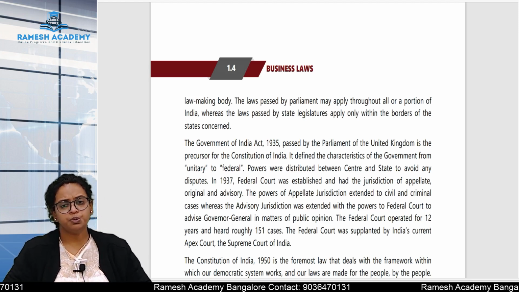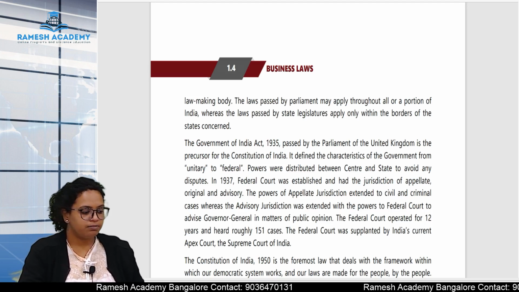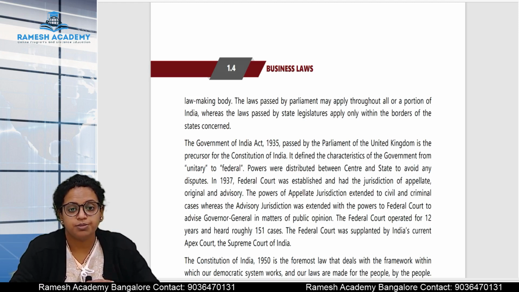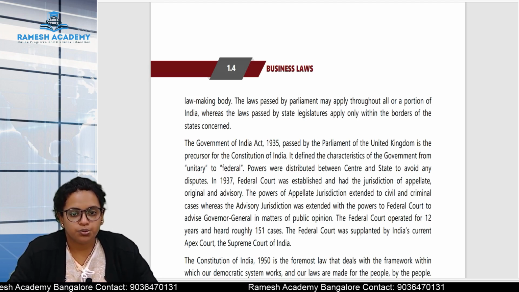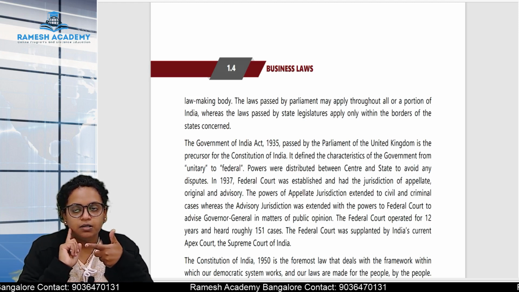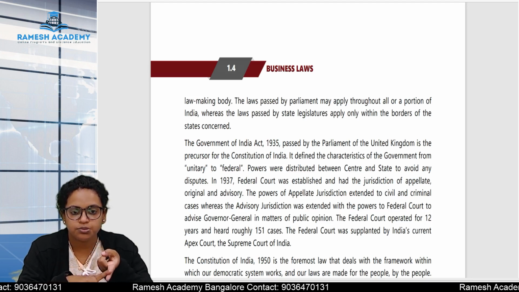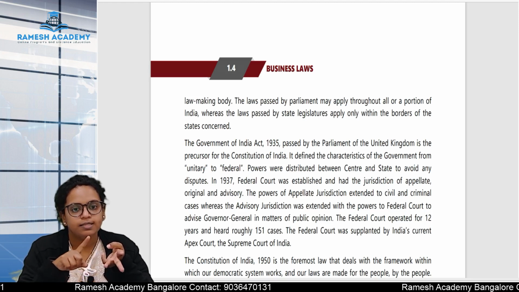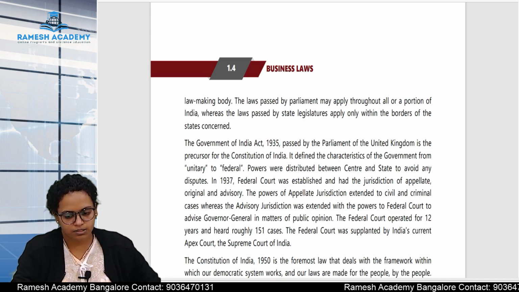As I told you before, the laws made in the parliament are for the whole country, but the laws made in the state are for that particular state itself. So we learned three things. First, the constitution is the source of all laws, then parliament makes the country laws, then the state assembly makes the state laws. Okay, let's continue.